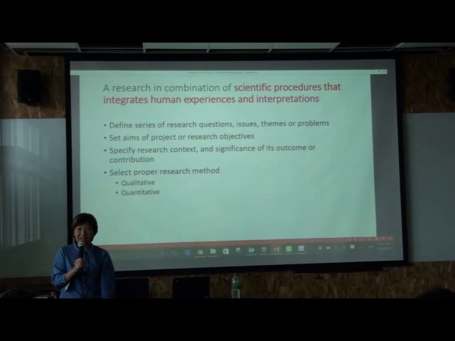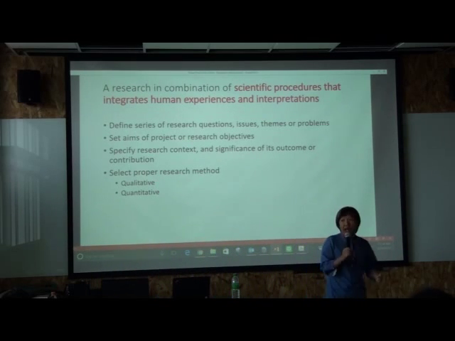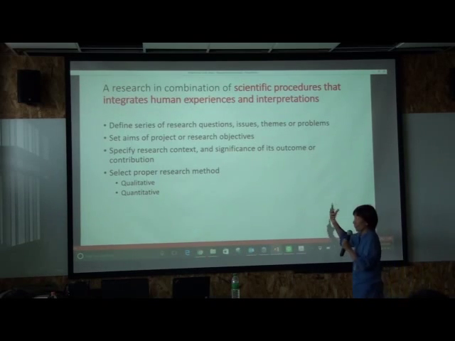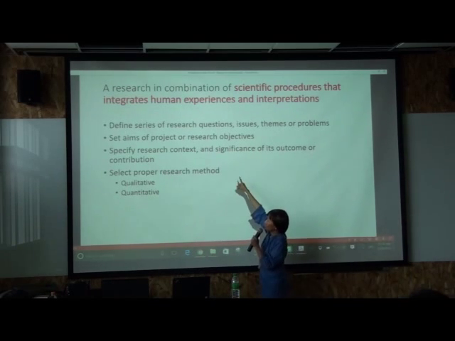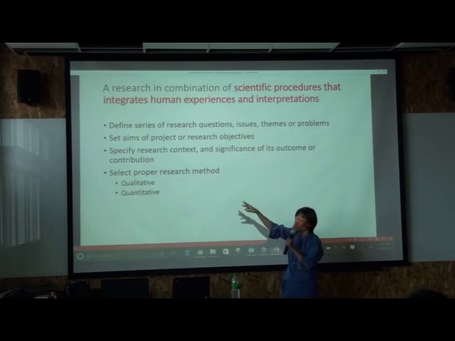And then the last is that you select the proper research methods. See, research method doesn't come first. You should have your own thinking, your own questions already. And then, in order to come up with results or findings, you select a proper research method.